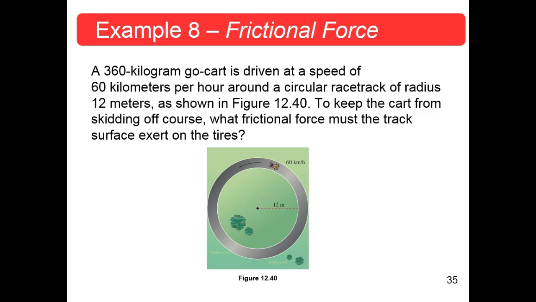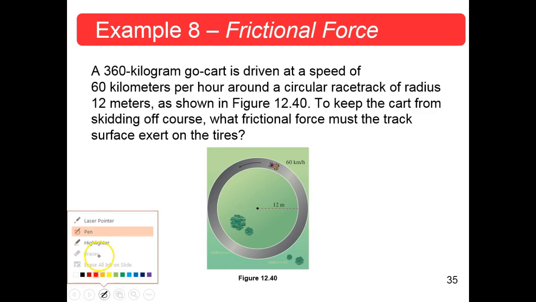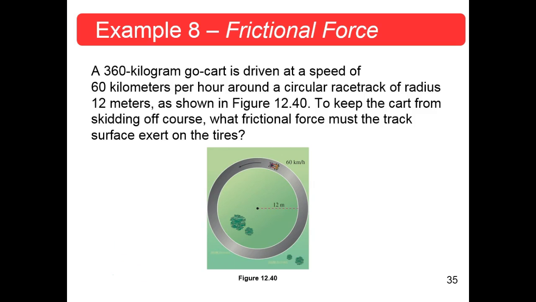Okay. Now, constant speed, 60 kilometers per hour, that means there is no tangential component of your acceleration. All your component of your acceleration is normal, okay? So that frictional force is your normal force here, okay?